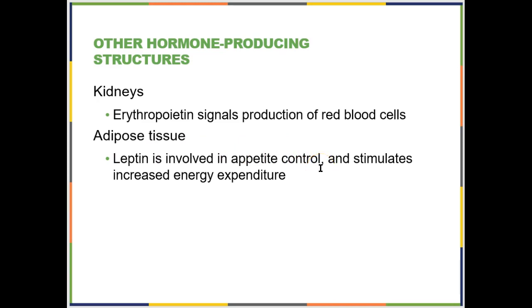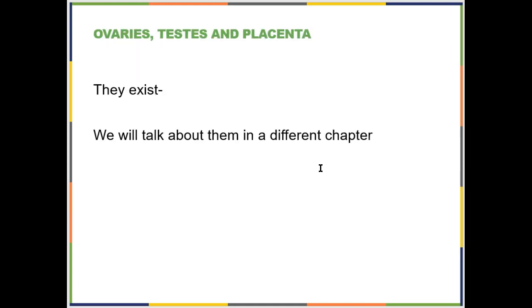When that first came out, and this was maybe 15 years ago, people were hoping that it would be a possible therapeutic intervention point to help people lose weight and regulate their appetite, but I don't think there are any appetite or weight loss drugs out there yet that interact with the leptin system. And then ovaries, testes, and placenta all produce hormones, but we'll talk about them when we do the reproductive system.